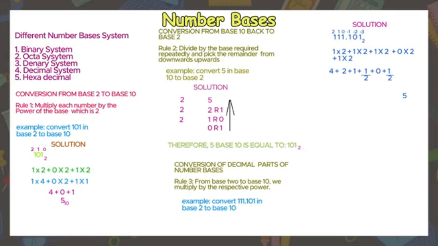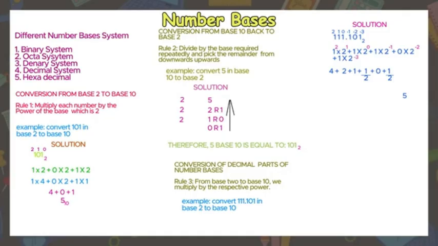That will be 1 multiplied by 2 raised to power 2 plus 1 multiplied by 2 raised to power 1 plus 1 multiplied by 2 raised to power 0 plus 1 multiplied by 2 raised to power -1 plus 0 multiplied by 2 raised to power -2 plus 1 multiplied by 2 raised to power -3.